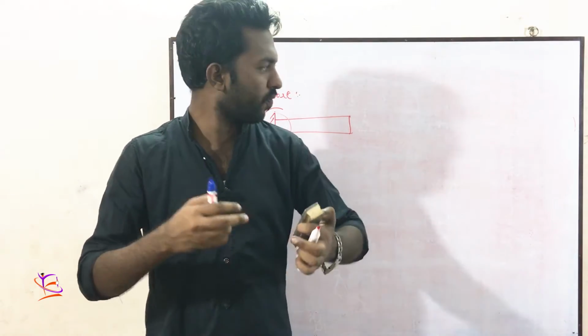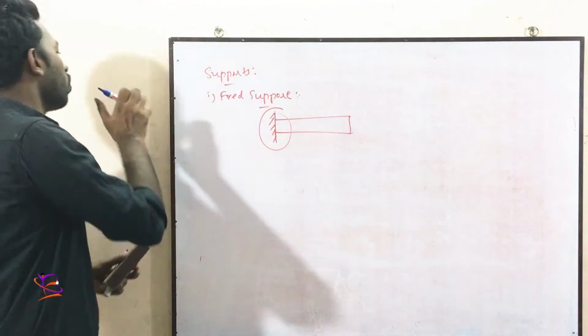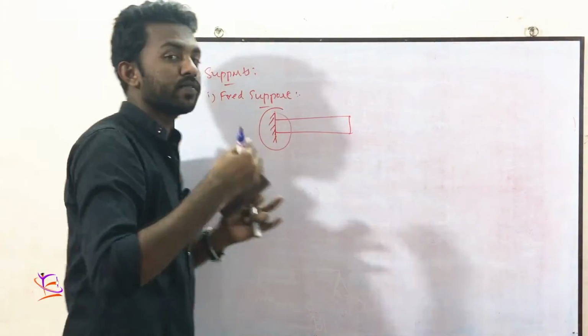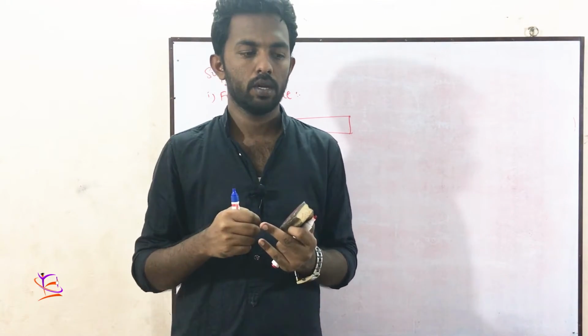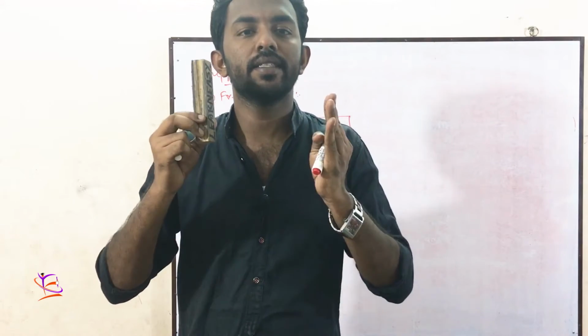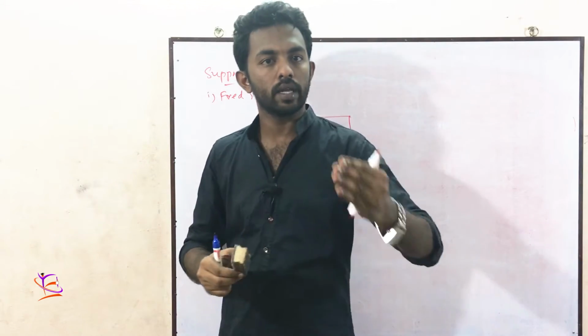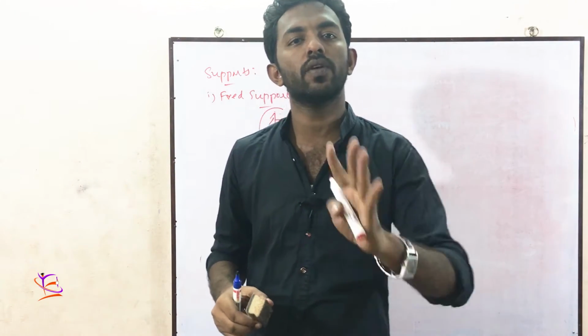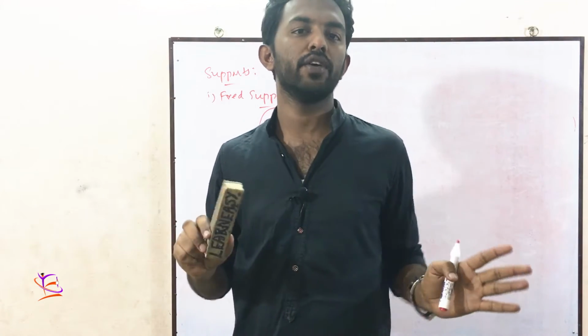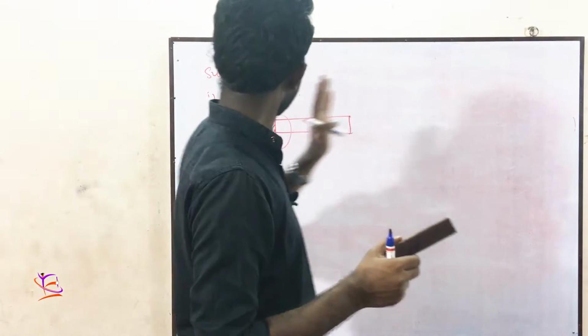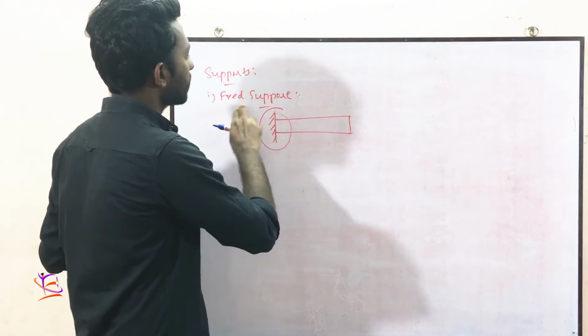If I apply some force on this particular wall, it will produce a reaction force against the applied force. If it is in equilibrium, the reaction force will be equal to the force applied. Only then will the static element be in equilibrium. So this is the fixed support.